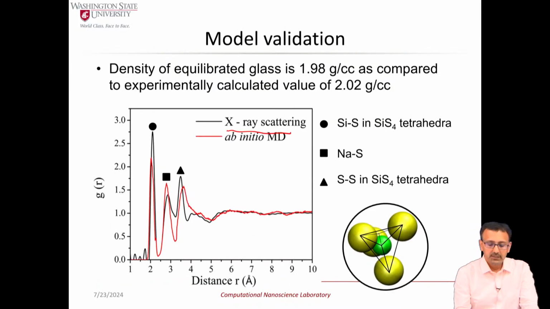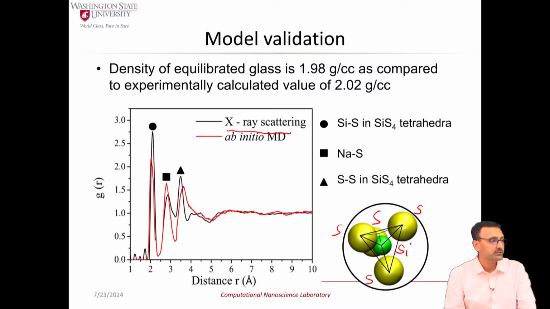Okay. So, the key structure in these glasses are these SiS4 tetrahedral structures. You see the green atom is the silicon atom, and each of these yellow atoms are sulfurs. So, you have an SiS4 structure which forms a chain in some shape or manner.